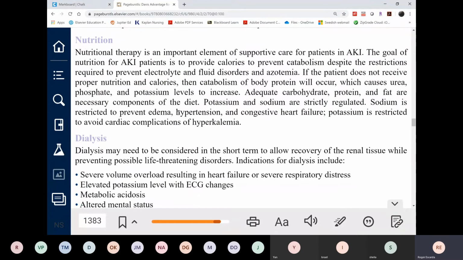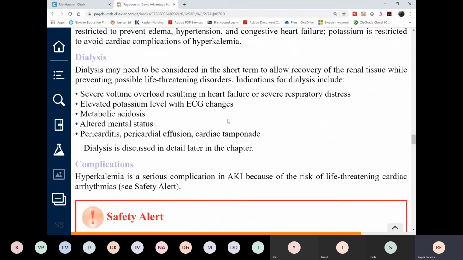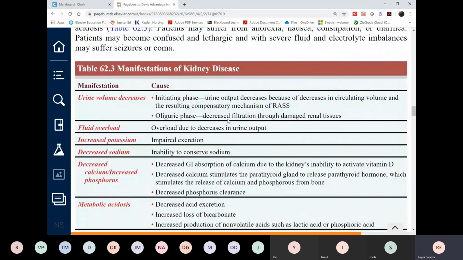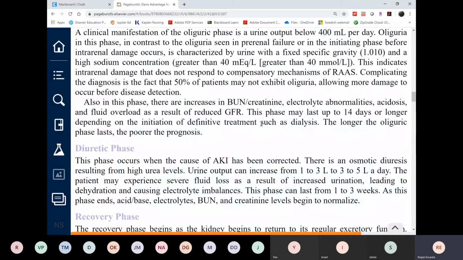Here we have managed hypertension that results, or potentially if the patient goes into heart failure during the oliguric phase, which is possible because they are in fluid overload. If needed, dialysis was mentioned here in the oliguric phase. Right here. So the patient may need short-term dialysis. Okay, we say short-term because we're not expecting this patient to definitely stay here.